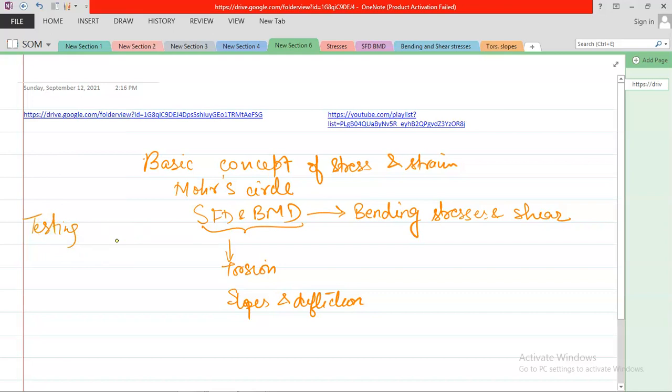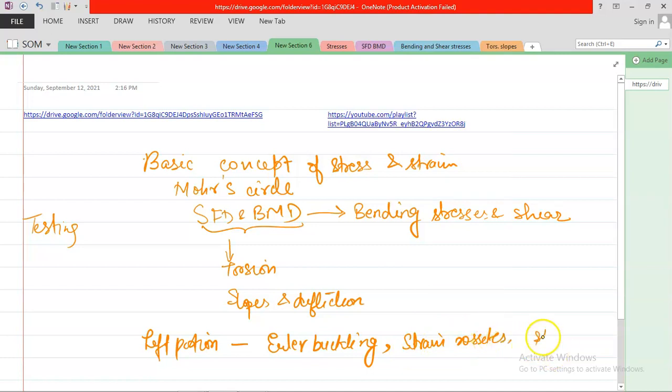Let me write the left portion: Euler buckling load, that is, buckling in columns, then strain energy sets, and the shear center. These are a few topics that are left, and they are not very big topics.